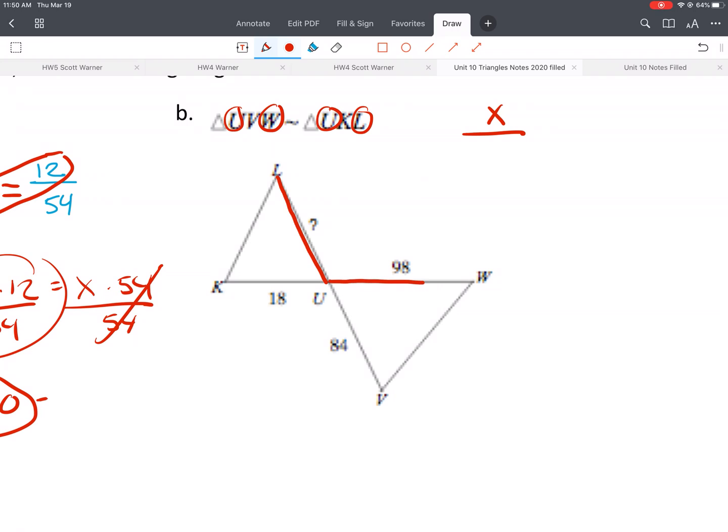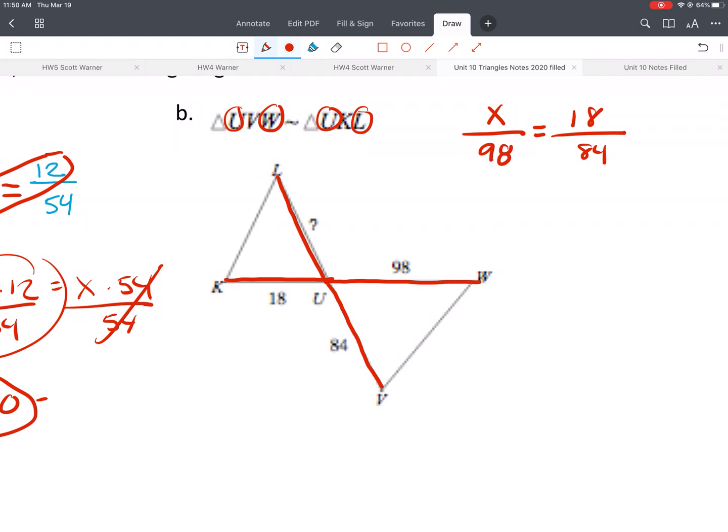UW is right here, so it'd be 98, is equal to, and then we're going to use our other proportions. So we'll do KU, which is 18 over, and the other side, I guess that's the only other choice. You can use the similarity statement, and you'd find UT, or UV, gives you 84. And then cross multiply and solve.